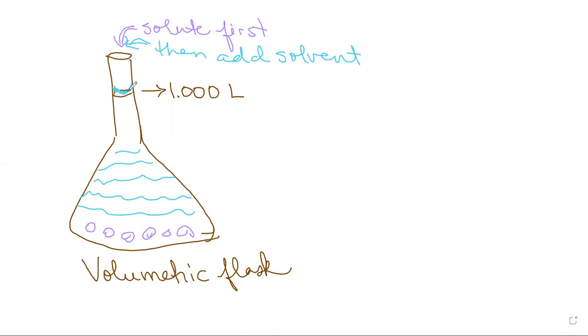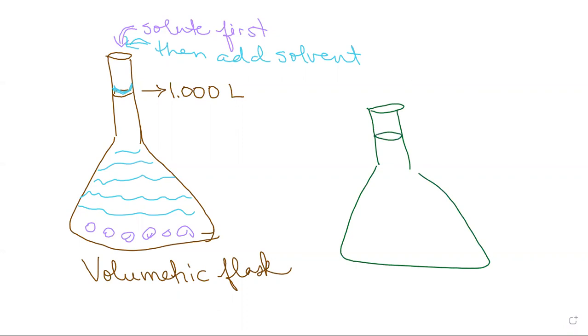So why do we add the solute first? We add the solute first because if you fill your volumetric flask with solvent only, and then you add your solute, there will be an increase in volume so that your total volume will be above that line, and you won't know the concentration nor the volume of your solution.